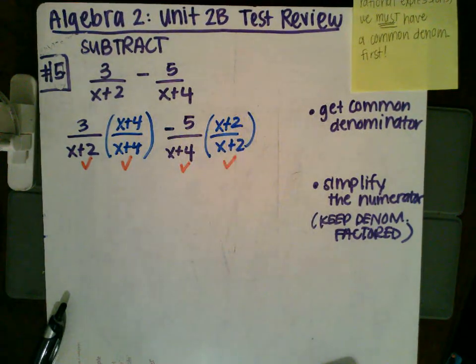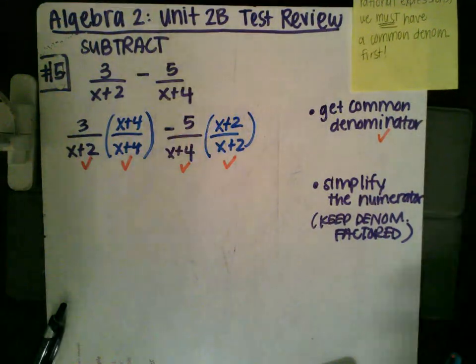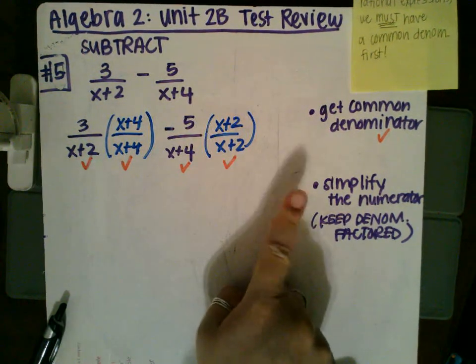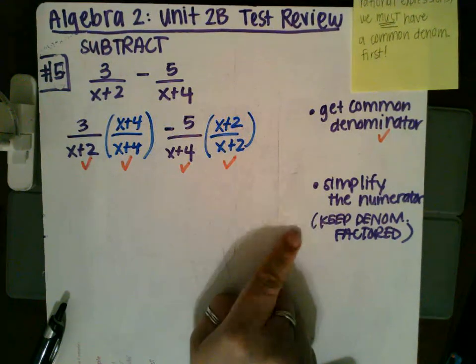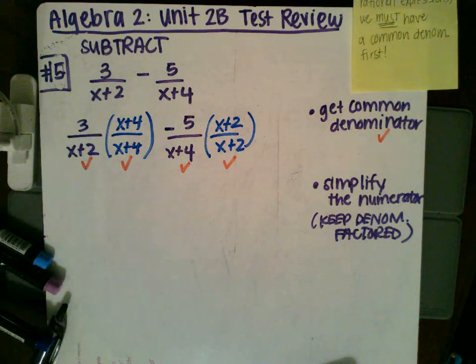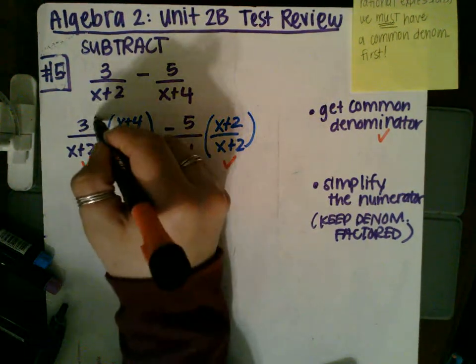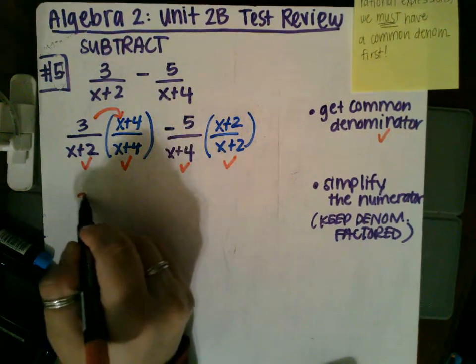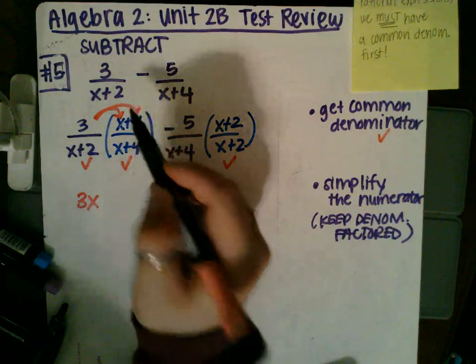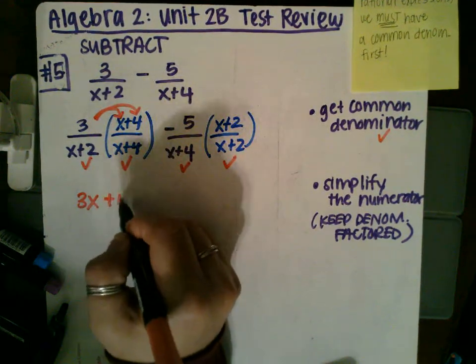Check, check, check, check. We have gotten our common denominator. Now the next step is to simplify our numerator and keep the denominator factored. So we are going to perform some multiplication in the numerator. 3 times x is 3x. 3 times 4, positive 4, is positive 12.